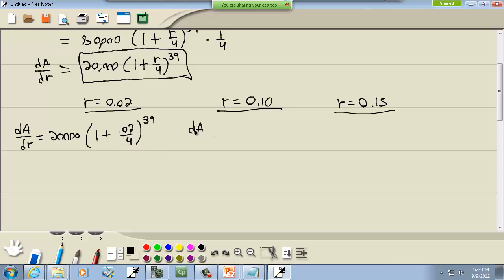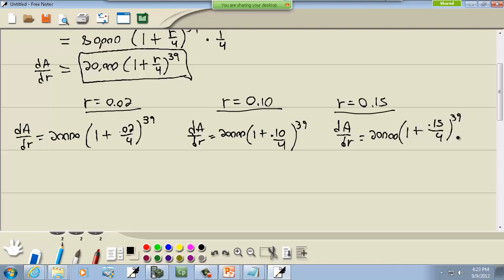This one here will be 20,000 times (1 plus 0.10) divided by 4 to the 39th power. And this one will be 20,000 times (1 plus 0.15) divided by 4 to the 39.